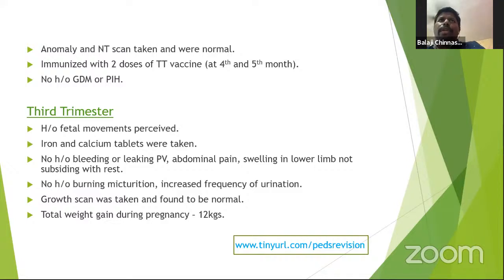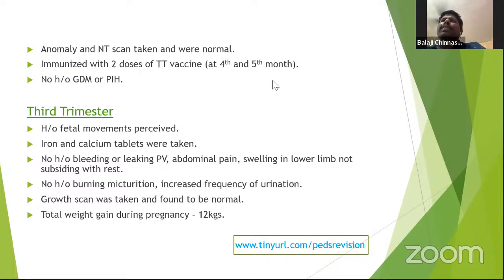Mother is immunized with 2 doses of tetanus toxoid vaccine. We start supplementing iron and folic acid, and the complications specific to pregnancy start happening here, so that's why you are asking about PIH and gestational diabetes mellitus. So quickening, what is the relevance of quickening?